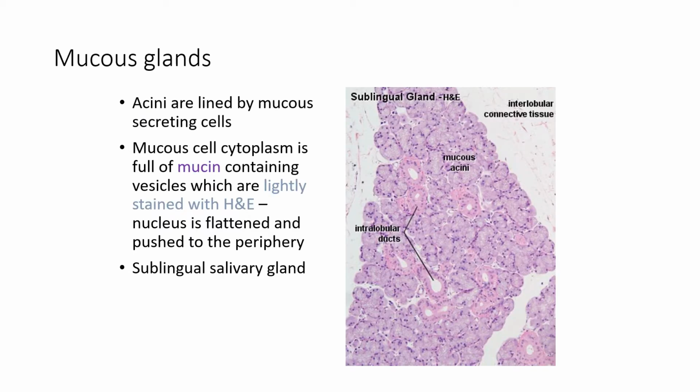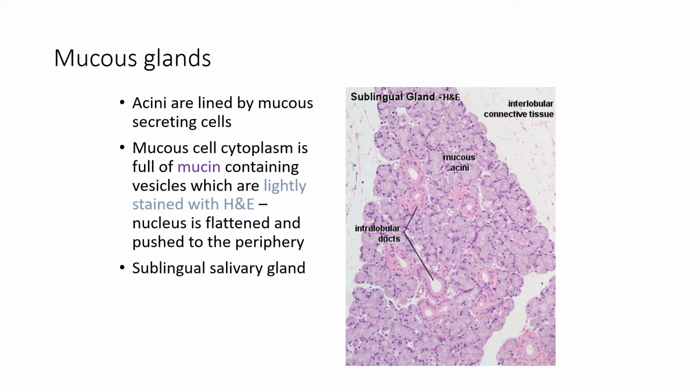Now just look at this. This H&E section shows you the sublingual gland, and the sublingual gland is predominantly a mucous gland. Now the acini that form this gland are lined by mucus secreting cells.